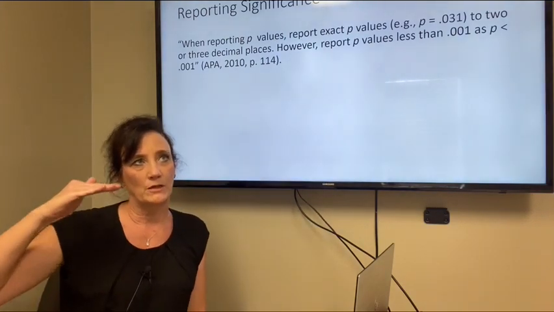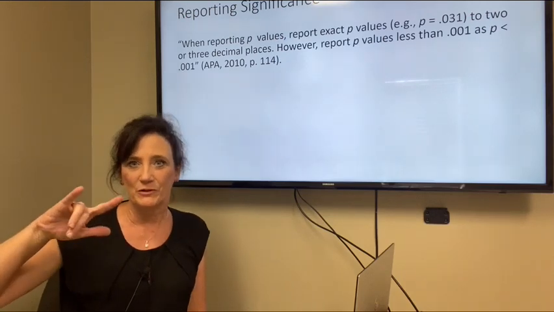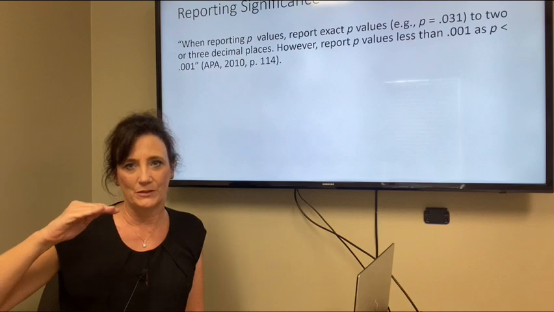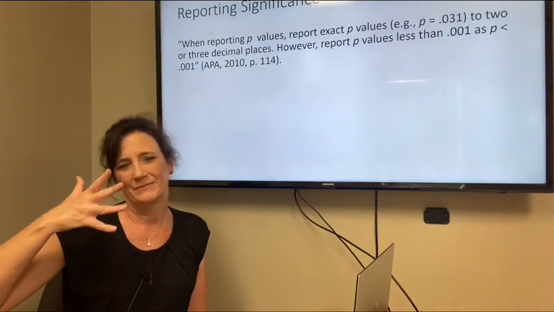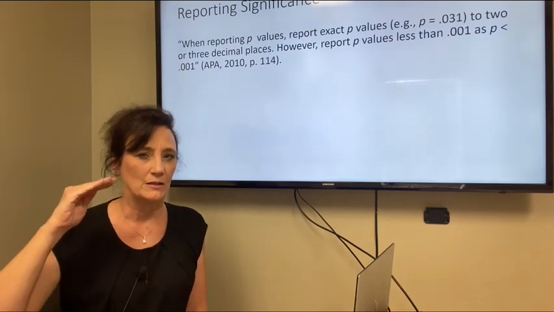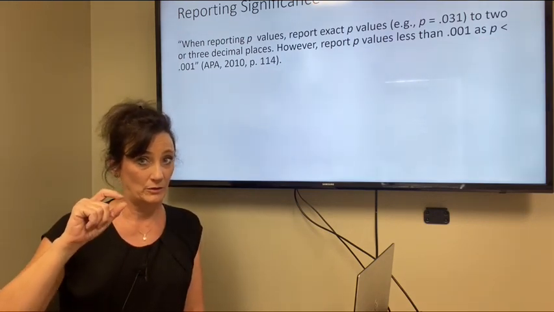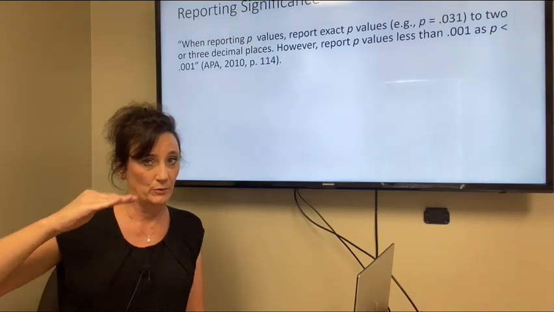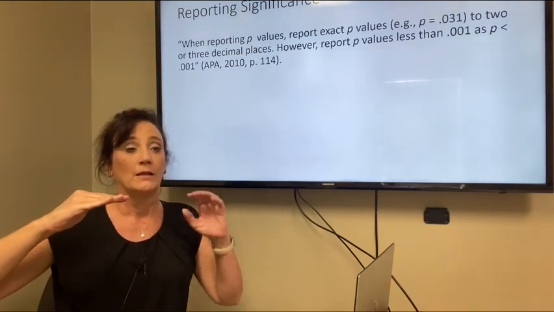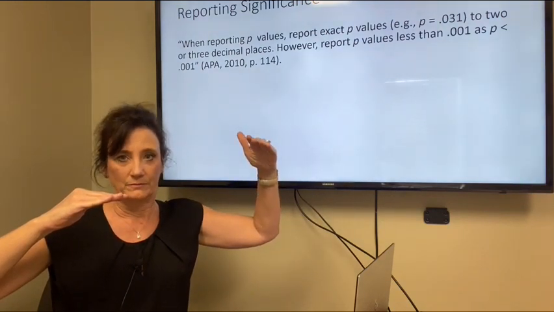What if your alpha is 0.05? No, let's make it more challenging. What if alpha is 0.01? You set your significance value at 0.01, and then your p-value was 0.05.